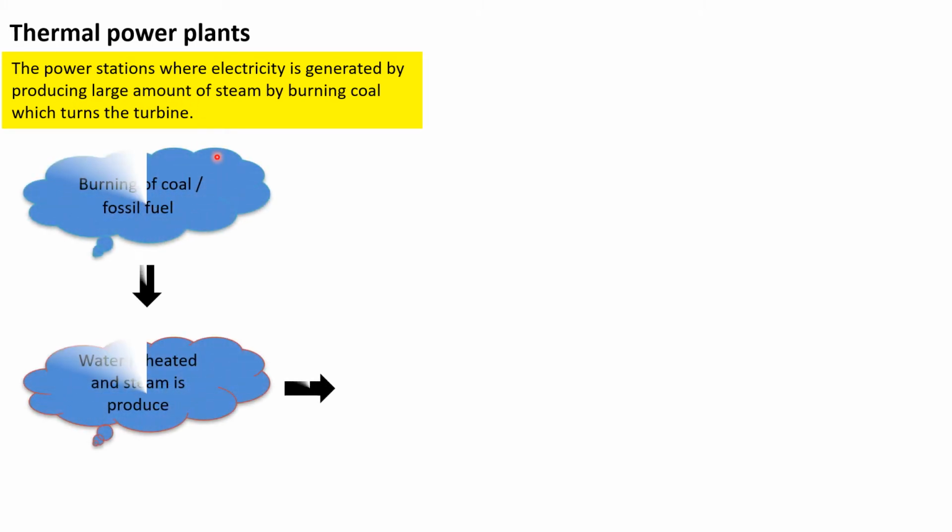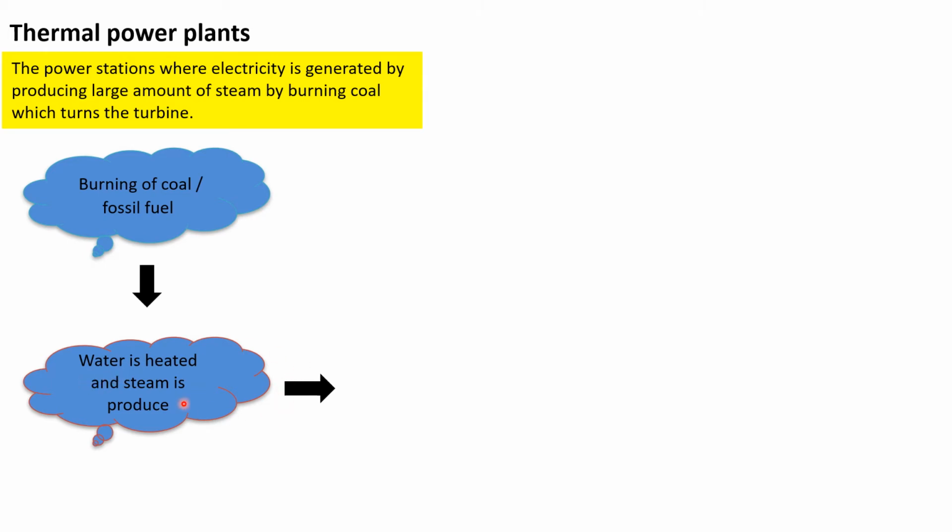Now let us see that in detail. We take fossil fuel or coal. We burn it, so that means we are producing heat energy. Now when heat energy is produced, that heat energy is supplied to water. So what will happen? When the water is heated, steam will be produced.